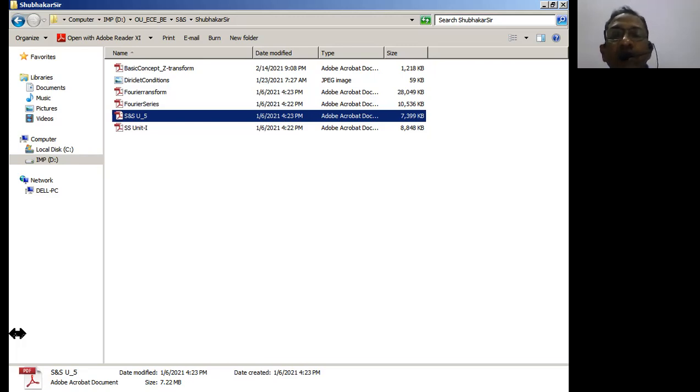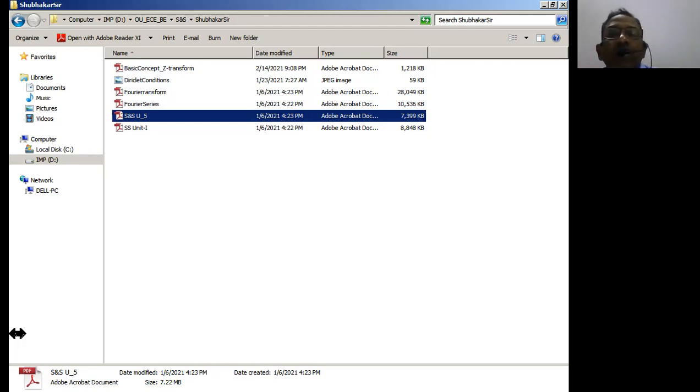So I can write x of n is equal to delta of n. Delta of n is equal to 1 for n equal to 0, and the value is equal to 0 for all n not equal to 0. So X of z is equal to sigma of x of n into z to the power minus n, which is 1 into z to the power 0, equal to 1 for n equal to 0.